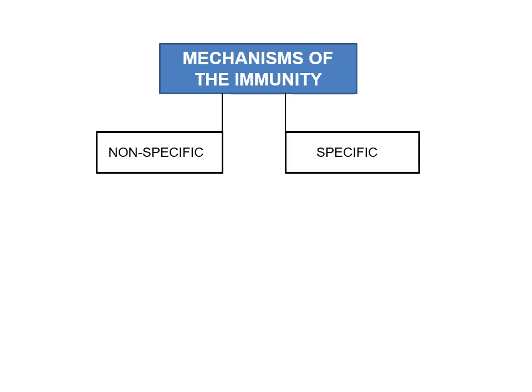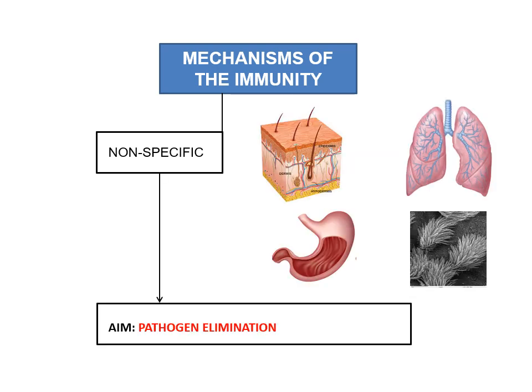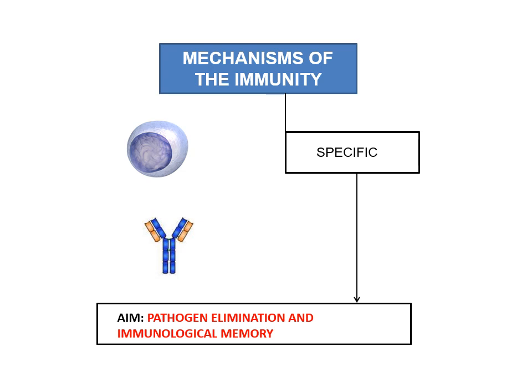What are the two main mechanisms of immunity, the non-specific and specific? We already talked about non-specific ones, so we are going to repeat it only briefly, and then there are the specific ones. The non-specific immunity leads to pathogen elimination, and the parts are usually the barriers and so on.